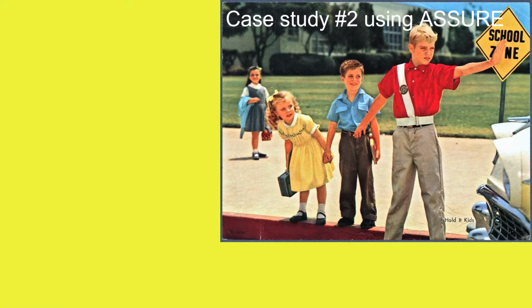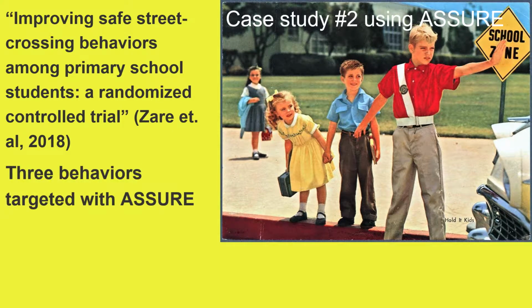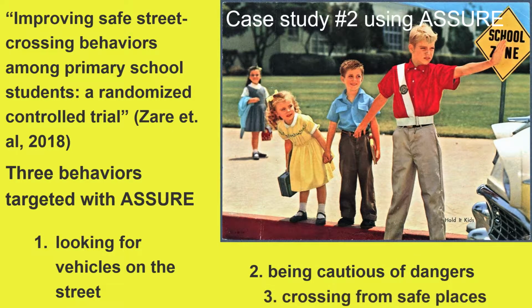A second case study focused on designing instruction for a group of male primary school students in Iran. The objective of the study was how to cross the road safely on the way to school. The study targeted three primary behaviors: 1, looking for vehicles on the street; 2, being cautious of dangers; and 3, crossing in safe places.